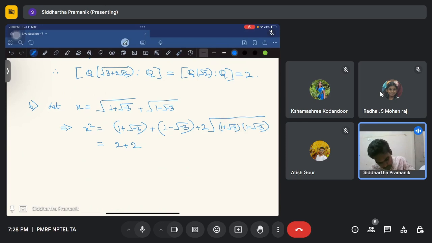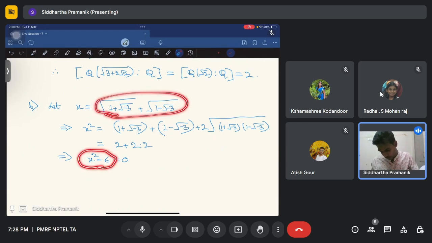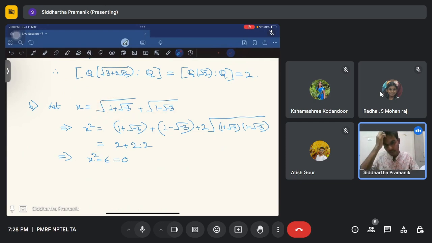So this is basically, if you take two... yeah, you're right. So this is 1 plus root 3i. So we are getting x square minus 6 equals to 0. So this element is a root of this quadratic polynomial and it is clearly irreducible, right? So you can use the Eisenstein criteria again.